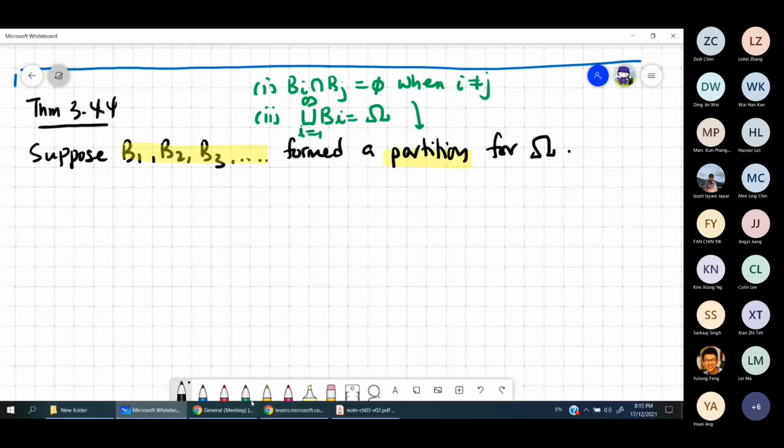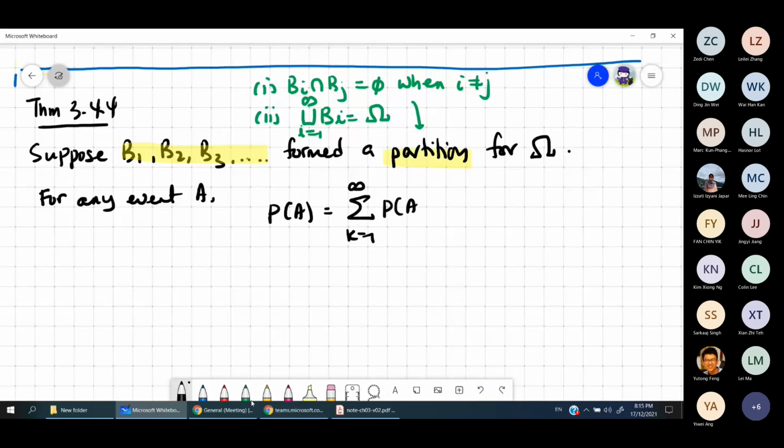Suppose this is a partition for Ω, and for any event A, we have this formula: P(A) must be the summation, k running from 1 to infinity. Actually, the proof is not difficult.